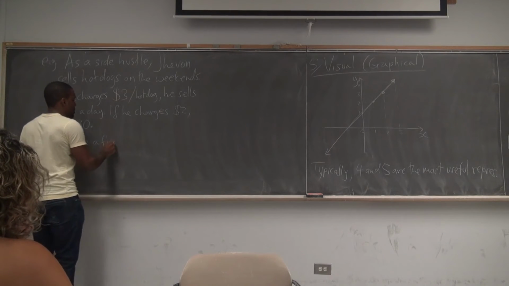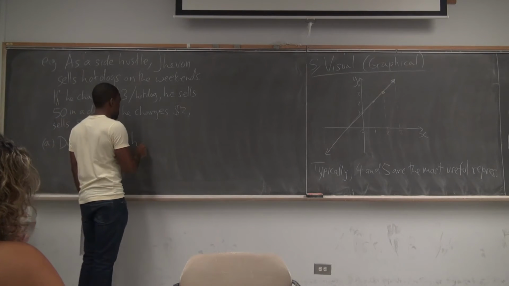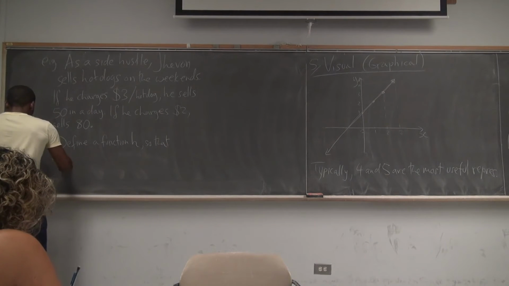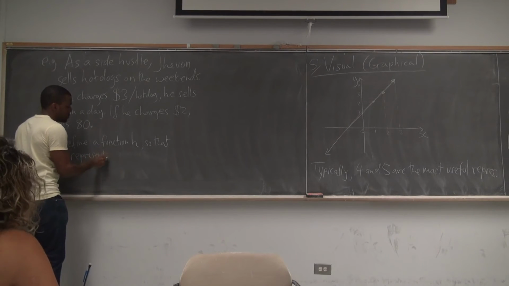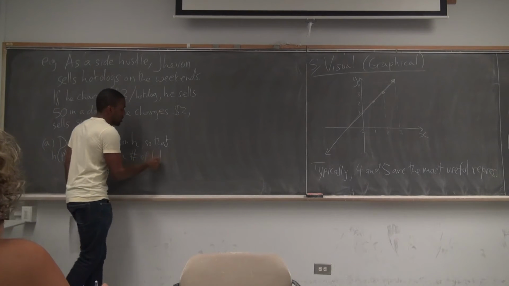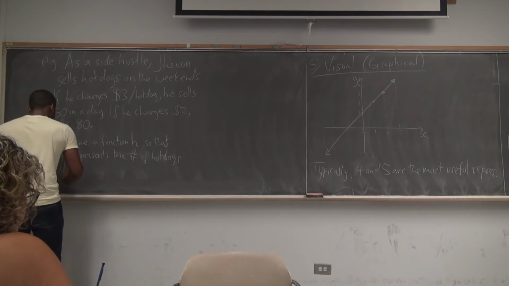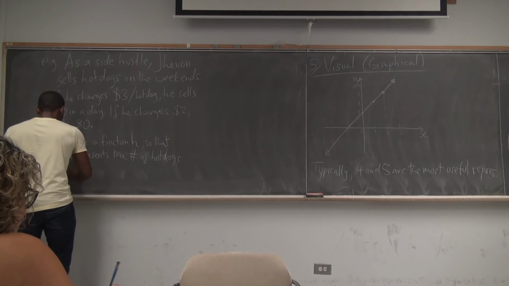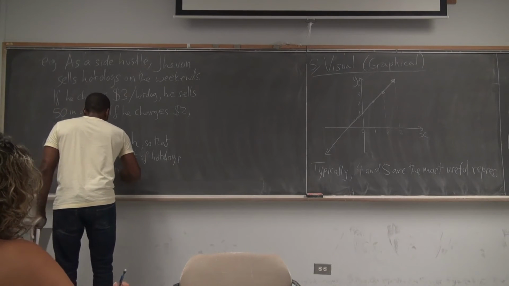Okay, here. Define a function h, a hot dog function, so that h of p represents the number of hot dogs sold per day, price p.